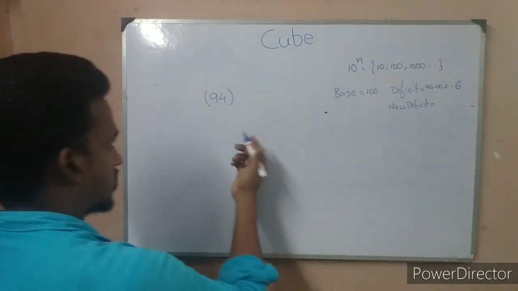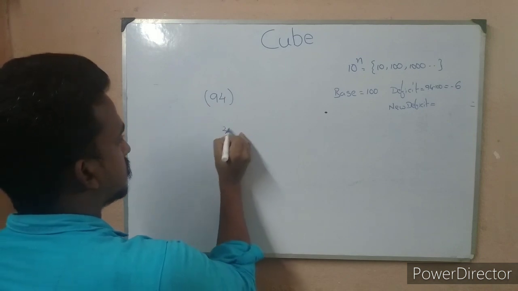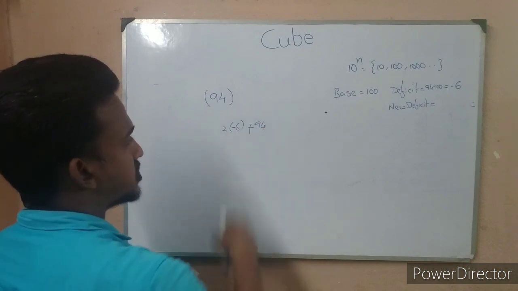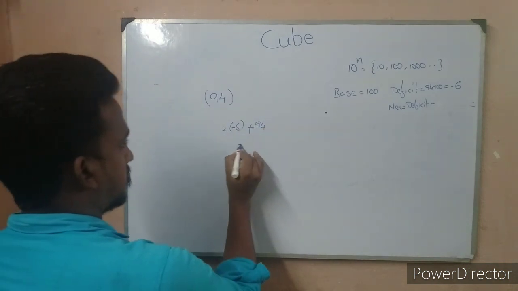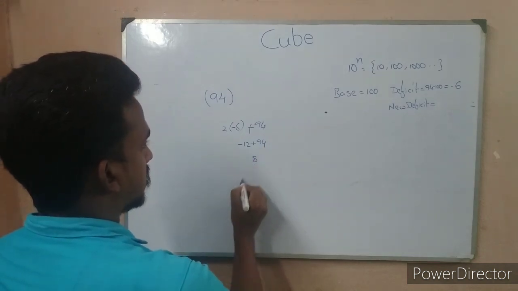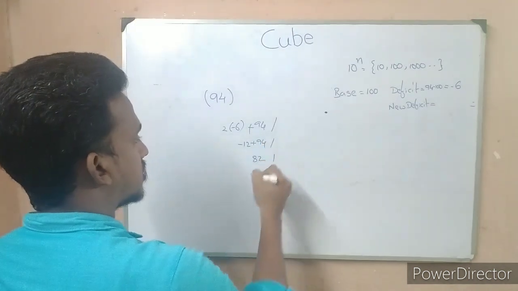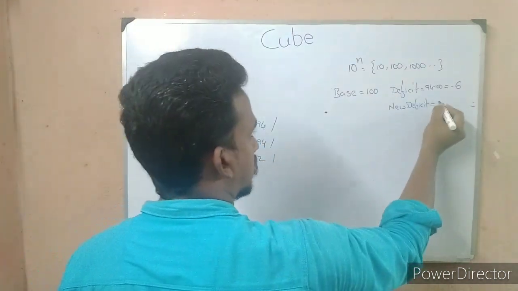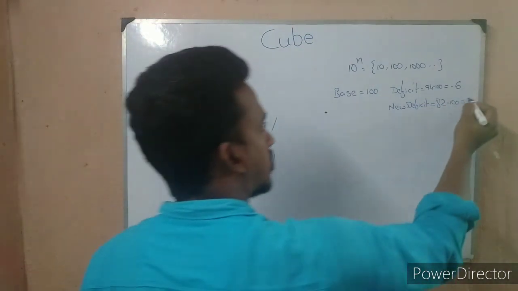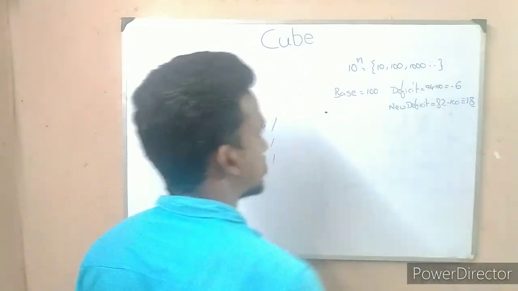Now look at the calculation. We double the deficit, which is 2 times minus 6, minus 12, and add it to the initial number: minus 12 plus 94 results in 82. That yields a new deficit, 82 minus 100, which is minus 18.